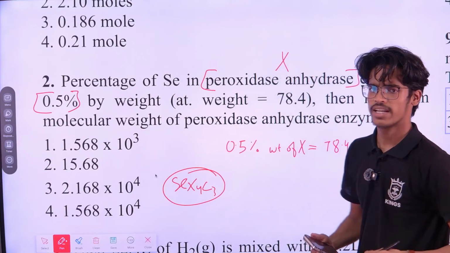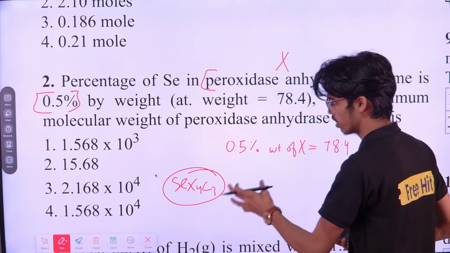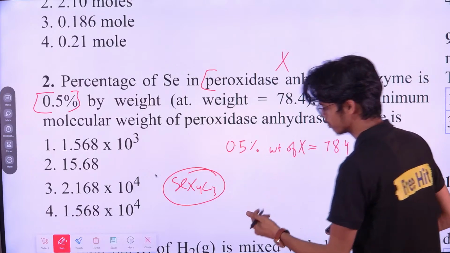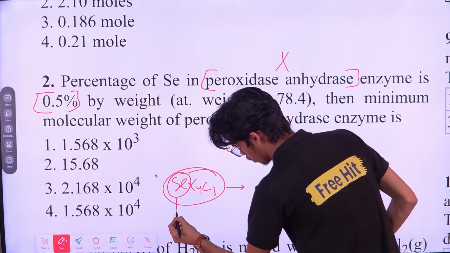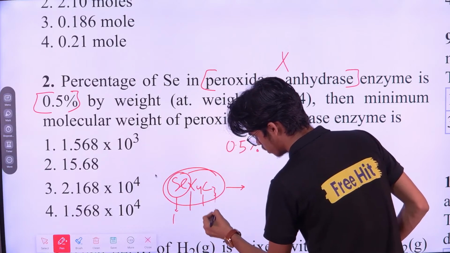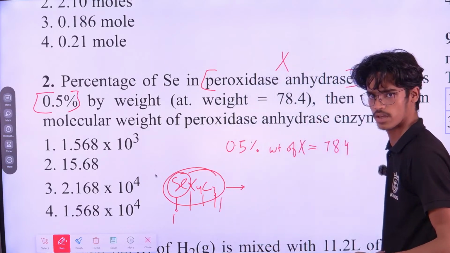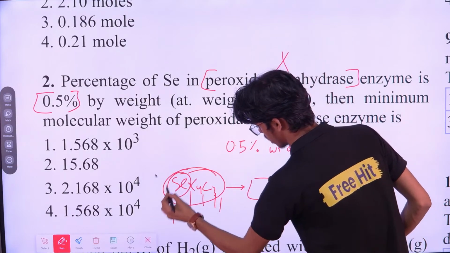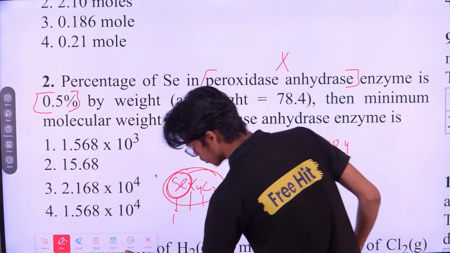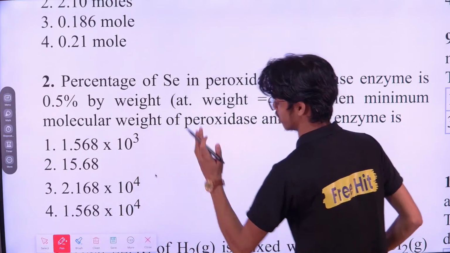It means it is asking us for molecular mass. Now, see, if this particular thing is 1 atom, then everything will be a simple whole number ratio, right? Now, the minimum molecular weight will come from this selenium ratio. Got it? Clean. Oh, I cleaned everything.